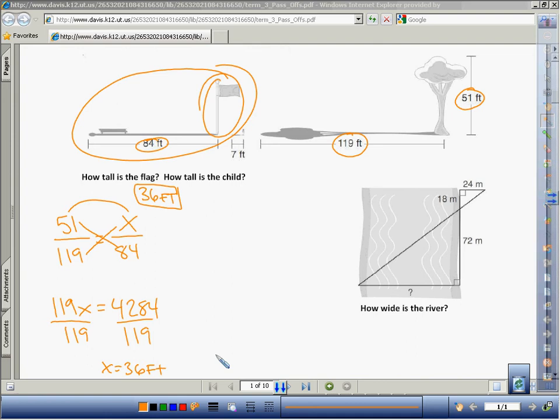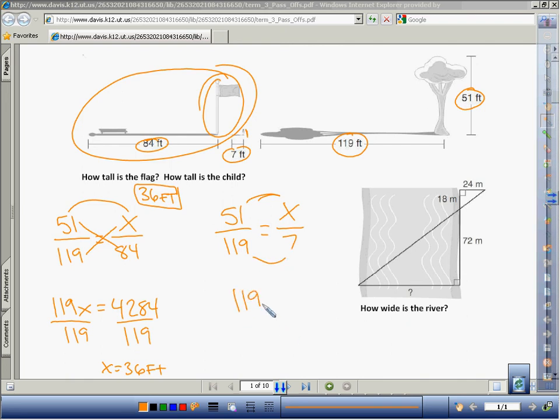Okay. Now we just do the same thing with the child. The child's shadow is 7 feet long. We see that. We don't know how tall the child is. So if we just use the same proportion, 51 and 119, I can set it up exactly the same way. So I don't know how tall the child is, so I match up height with height and shadow with shadow.